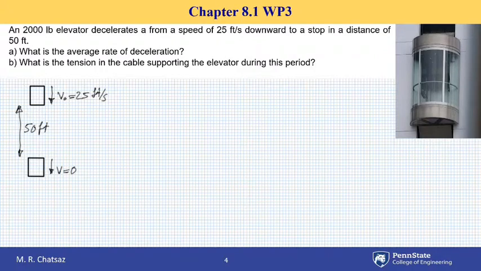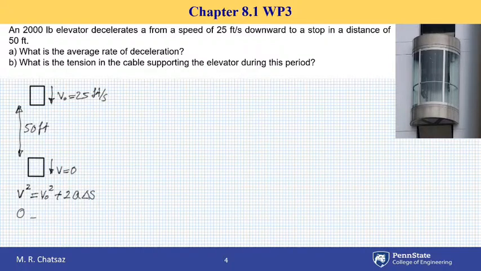50 feet. Again, because the acceleration or deceleration in this case is constant, I can use the equation for constant acceleration recalled from kinematics. V squared equals initial velocity squared plus 2 times acceleration times change in position.